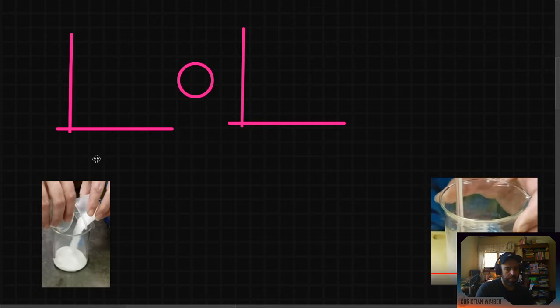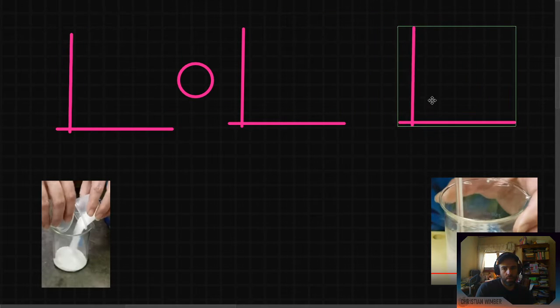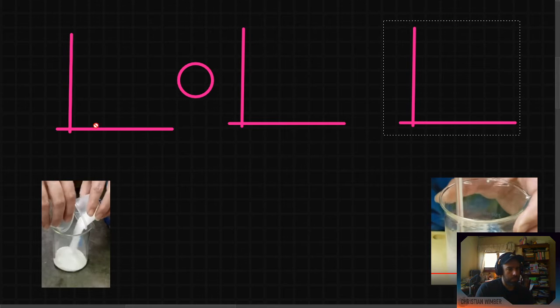Sorry, I'm still figuring out all this stuff right here. And one more little circle. Probably should have just drawn that from scratch. All right. So here we have our LOL diagram, and let's just think about what happened.